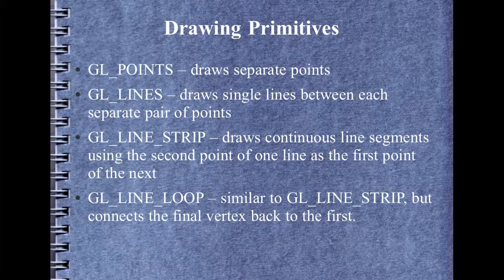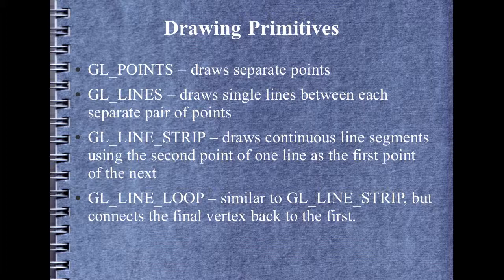We also have several ways to draw lines, points, and triangles, and these are established by these constants. GL points will draw separate points, and this is very seldom used in OpenGL, especially in 3D drawing. GL lines draws single lines between each separate pair of points. So if we have points A, B, C, D, GL lines will draw a line from A to B and a line from C to D, but it won't connect them.